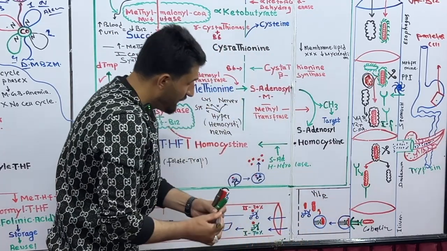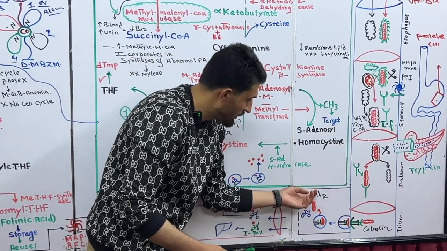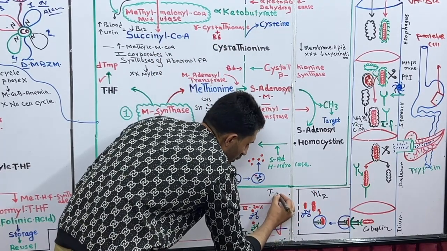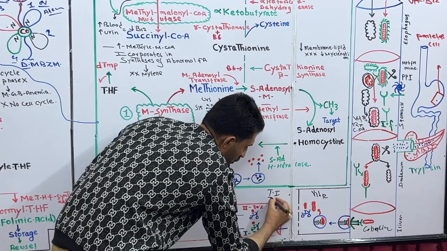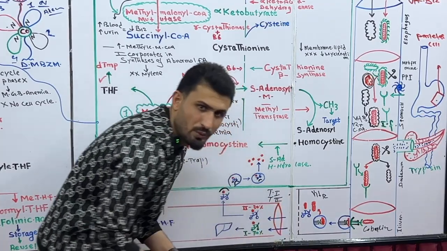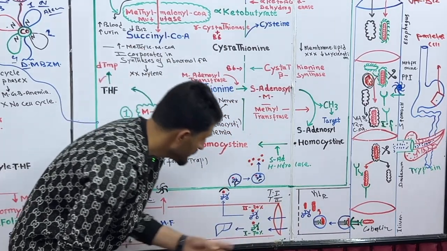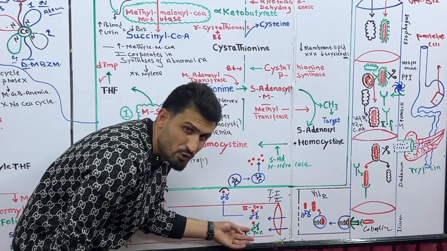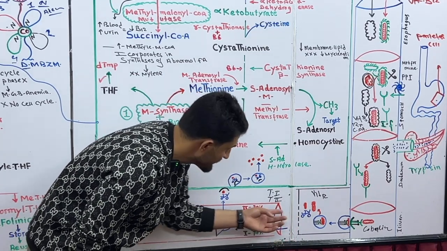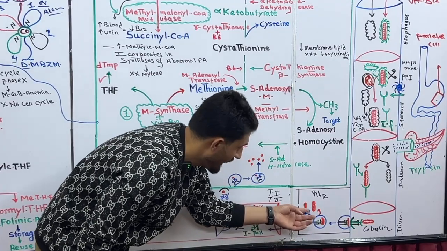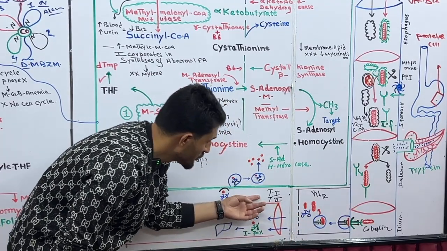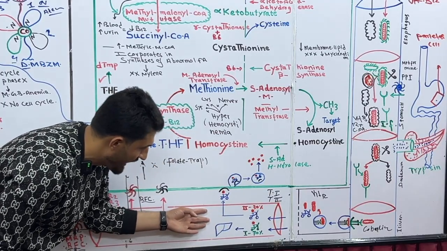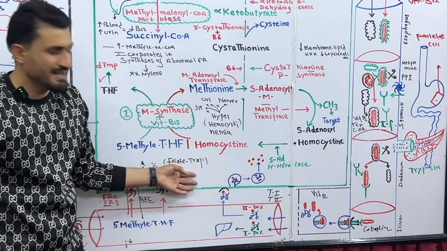Got it? And now here we have transporters for vitamin B12, and these transporters are called transcobalamin type 1 and transcobalamin type 2. 70 to 80% of vitamin B12 binds to transcobalamin type 1, and 20 to 30% binds to transcobalamin 2, and they are transported to the blood, and from the blood to the target tissue.